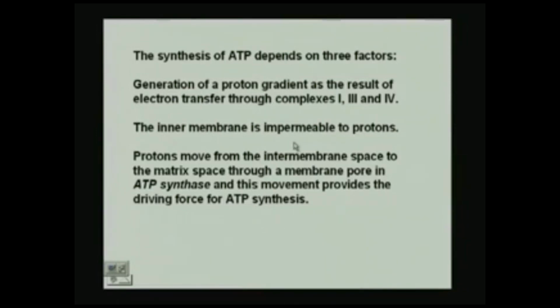You would expect that the protons would be able to diffuse through into the matrix, but this does not happen, simply because the inner membrane is impermeable to these protons. So, to maintain that high concentration for the production of ATP, you have to pump the protons from the matrix to the intermembrane space.